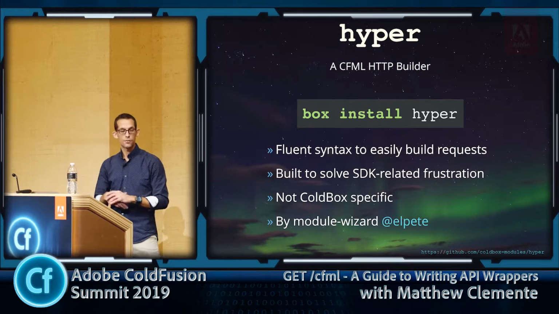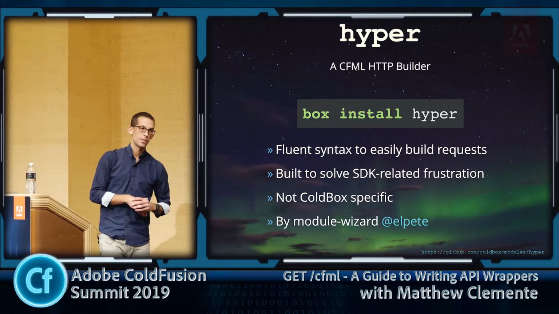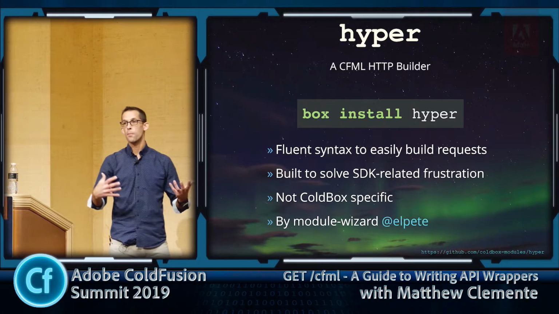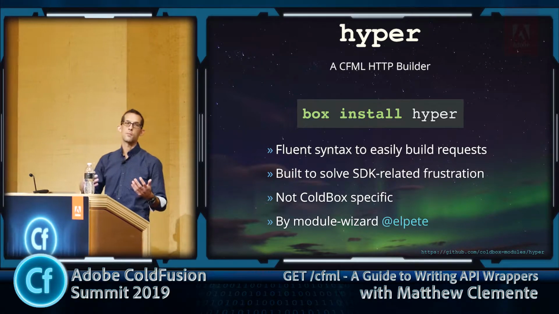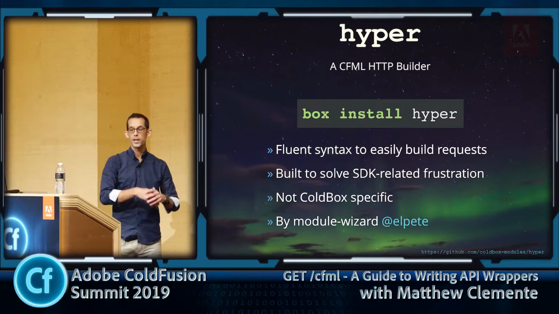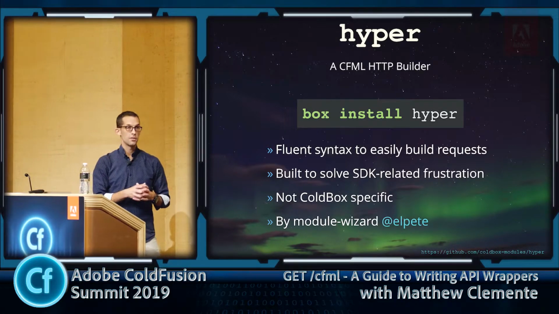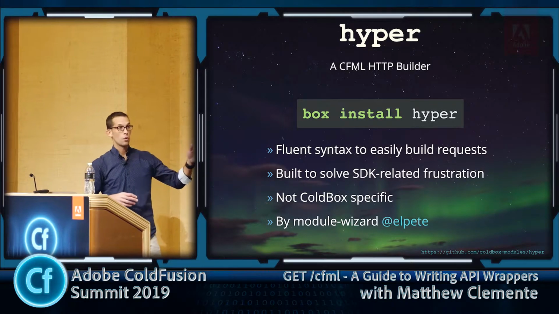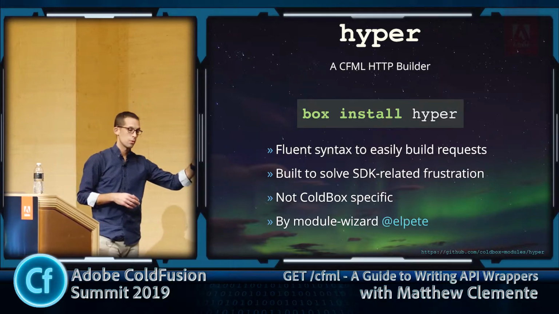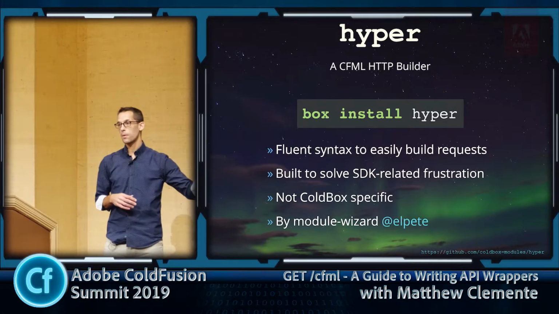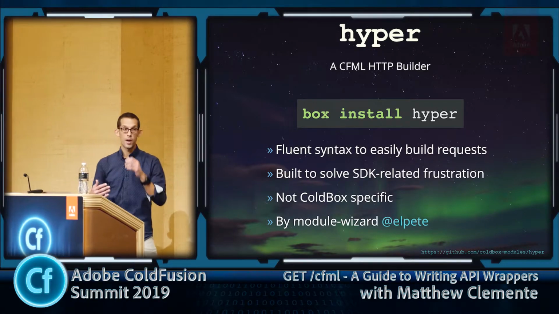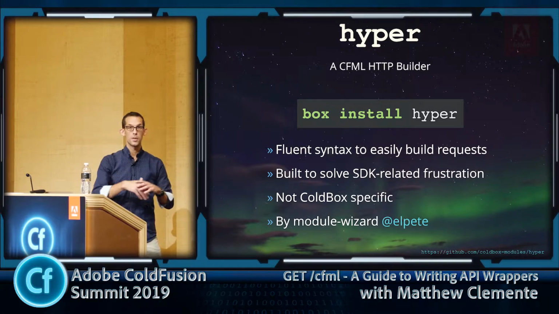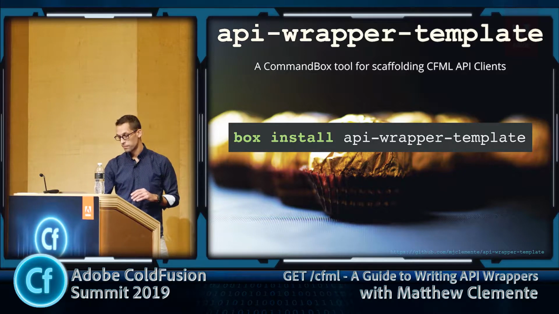If you read the docs, basically his situation was the same as mine. He's written a number of API wrappers and was like, this is the same thing over and over again. I need something that abstracts away all the boilerplate, and so this is his project to do that. It's not ColdBox specific. He works for Ortus, but it is not a ColdBox specific product, so you can use it in your ColdFusion apps. That's one way to more quickly put together your API wrappers.